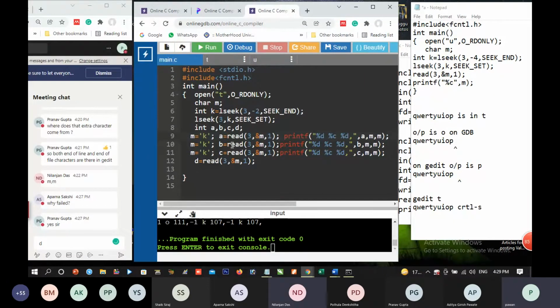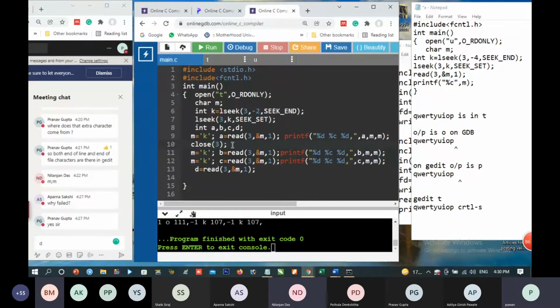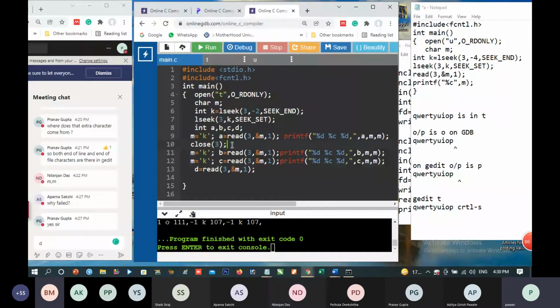Sir, can you show what line you wrote close? Close, yes, I will write it. Close 3. I wrote close 3. This 3 means the first file opened.